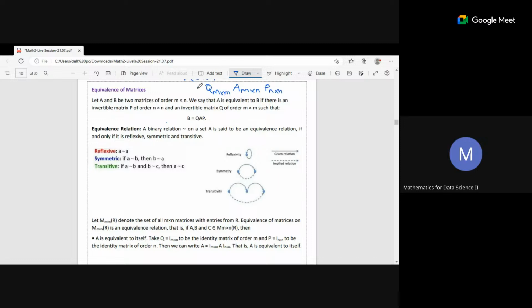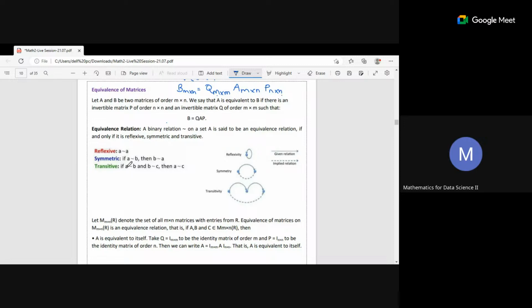So what should the size of the resulting matrix be? m by n. So this is fine, right? So we say that A and B are equivalent if you can find two invertible matrices Q and P such that B is equal to QAP.